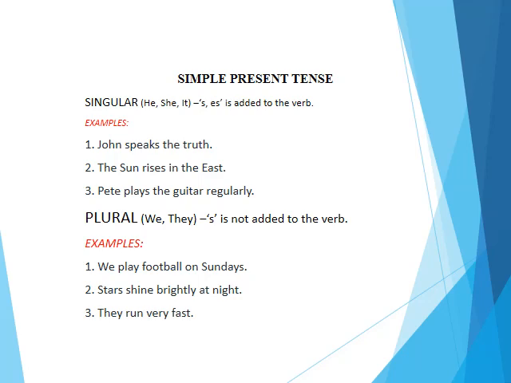The next one. Stars shine brightly at night. We don't see one star in the night, right? We see many. So stars are plural. And so the verb which comes next to it, shine, does not carry S. So you will write stars shine brightly at night.